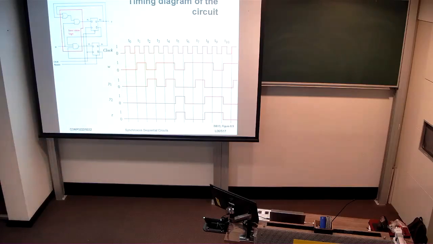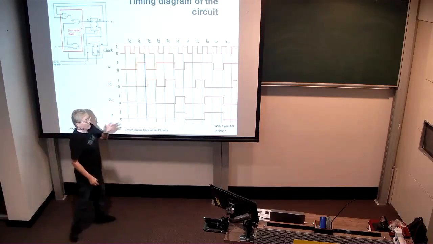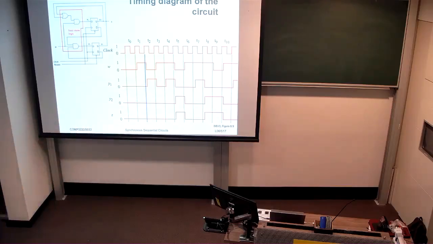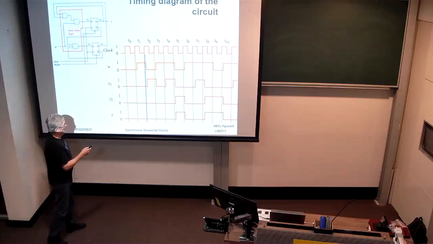Perhaps that's easier to appreciate by having a look at the timing diagram that was implied by our initial specification of the circuit. If we think of these time periods as spanning both the positive and the negative half of a clock period, defined by these grey vertical bars, then we see at the end of the first clock period that W is 1, while Y1 and Y2 are both 0.